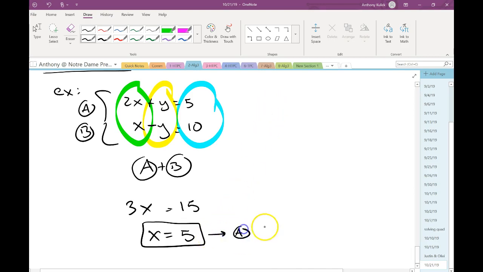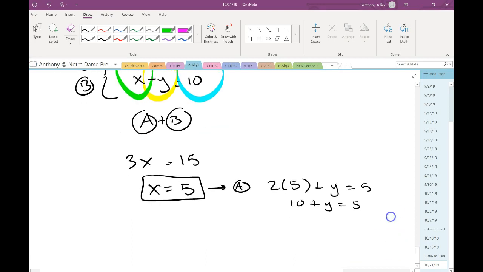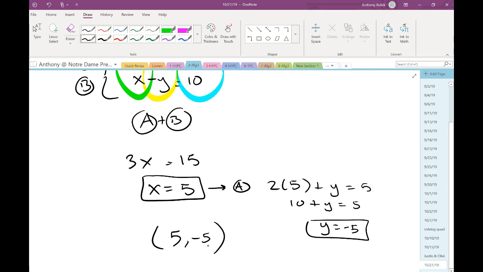No. Just for the sake of argument, I'm going to plug it into equation A. So my solution is 5, negative 5. Let's do another, maybe one that's not quite as trivial.